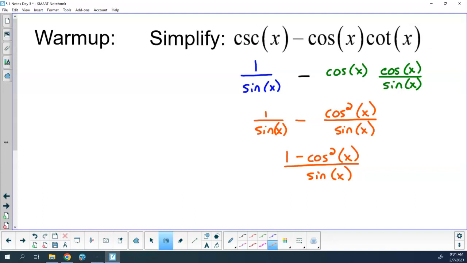Anytime you see a squared, you should automatically think some kind of an identity. Is there an identity for 1 minus cosine squared? What is it? Sine squared.